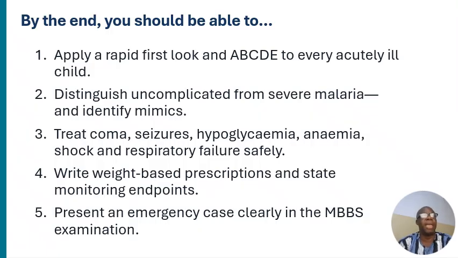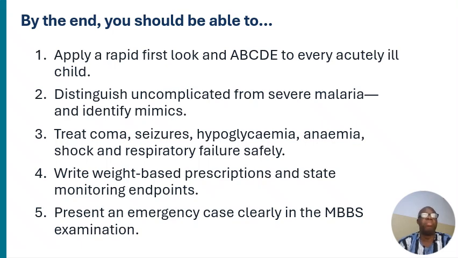These are 4 learning outcomes for today. First, you should apply a rapid first look and the ABCDE approach to every acutely ill child in the emergency room. Second, you should distinguish uncomplicated malaria from severe malaria and recognize major emergencies that can mimic malaria or coexist with it, such as sepsis, meningitis, pneumonia, and other illnesses.